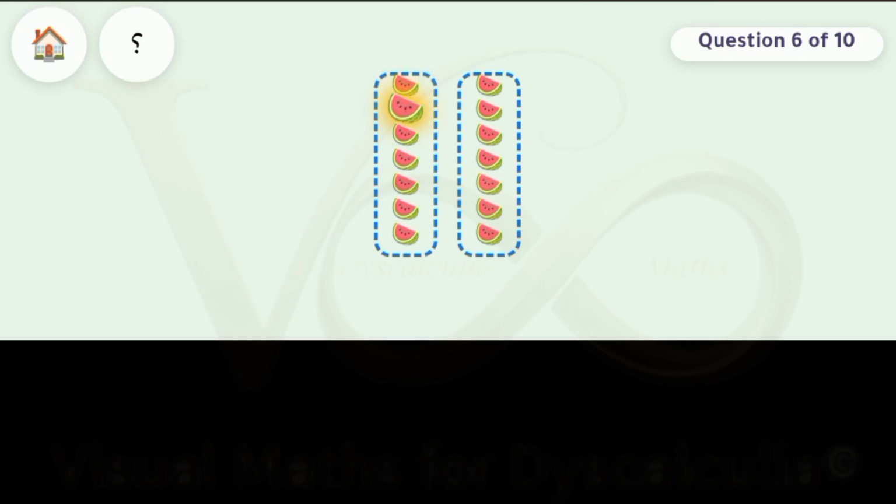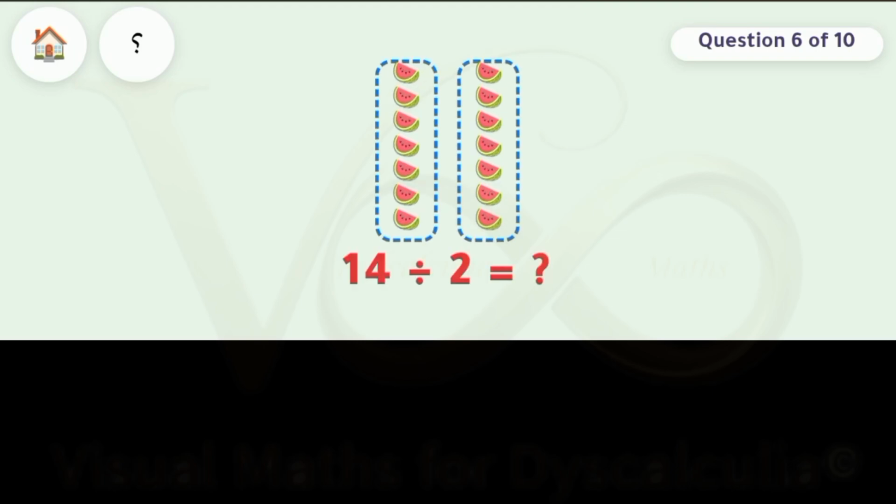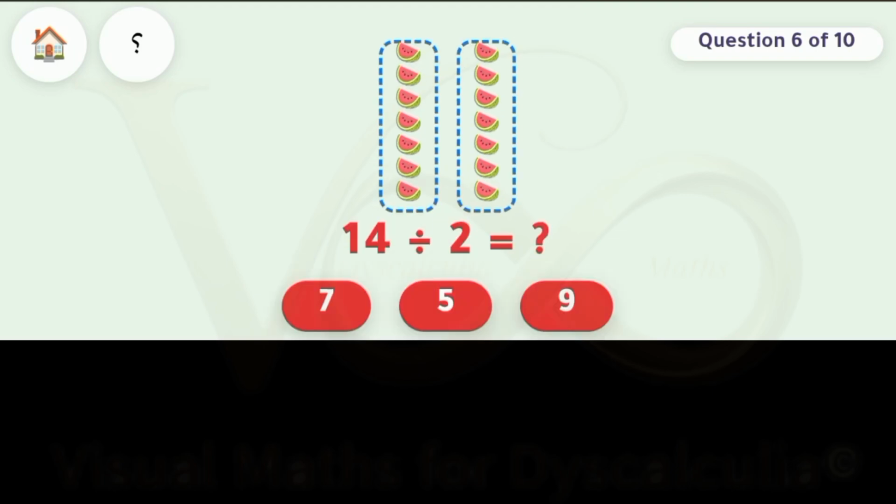One, 2, 3, 4, 5, 6, 7. Each group has 7. What is 14 divided by 2? Well done.